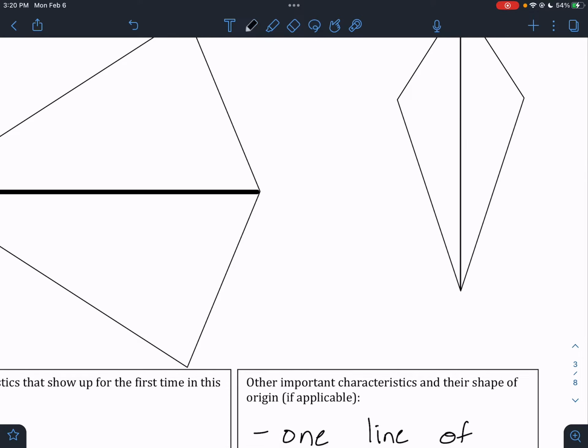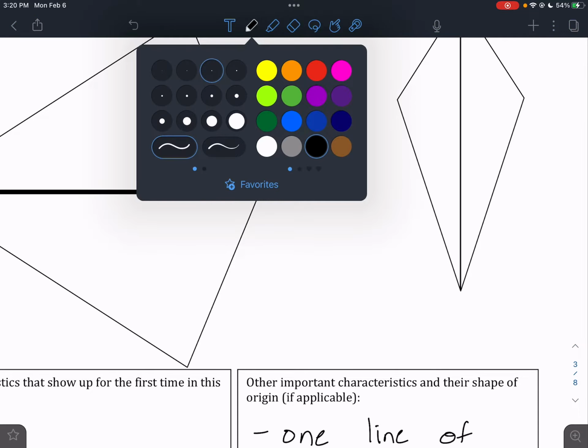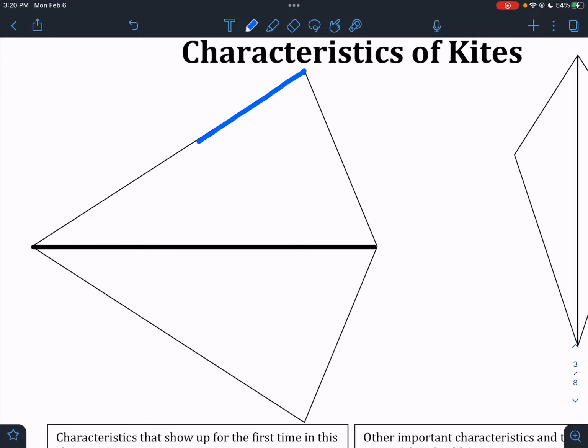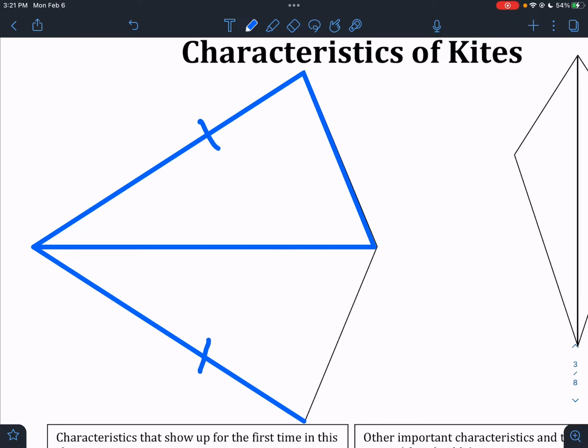So here's what's going to help you solve problems that involve kites: a kite is simply when you take a scalene triangle, like this blue triangle here, and reflect it. You get yourself a kite. So what does that mean? Well, that means that these two sides would be equal if it's a reflection.